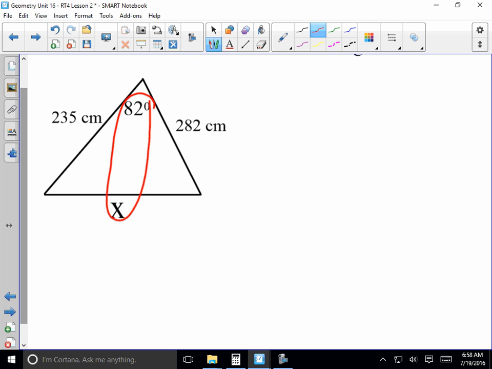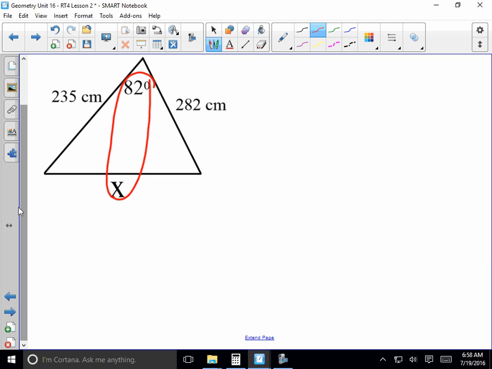When I'm building my equation, I'm going to have x squared by itself. I'm going to finish my equation with the cosine of 82. So I have those two pieces placed, and then I want to place everything else.